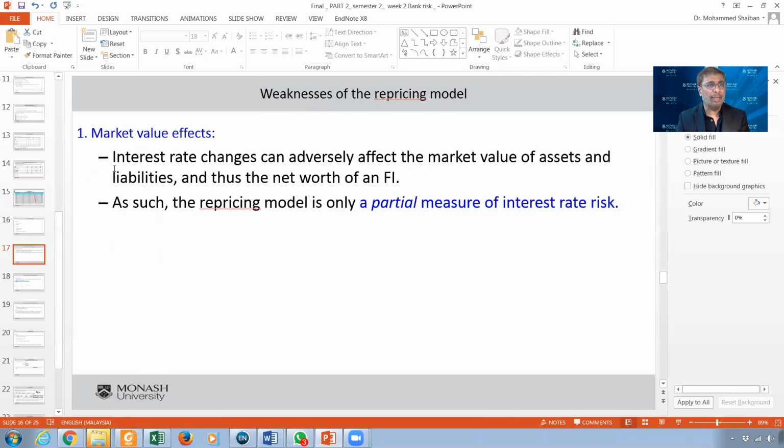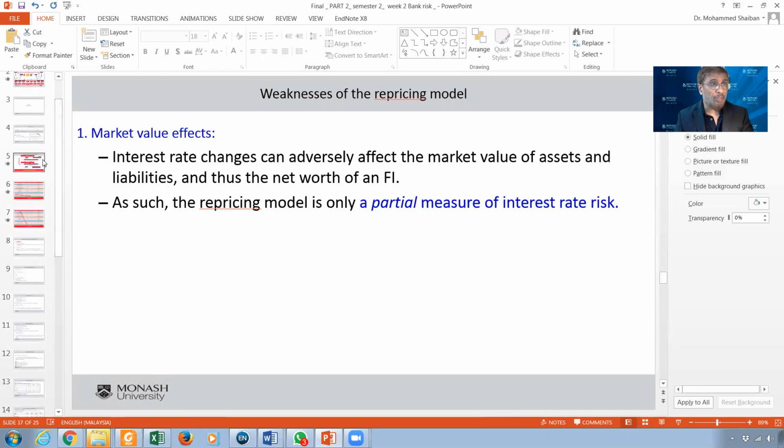What do we mean by market value? Interest rate changes can adversely affect the market value of assets and liabilities. And that's the net worth, which means now when we look at the repricing model, we are only concerned with the financial statement. Do we talk about the impact on capital, which I talked about here?